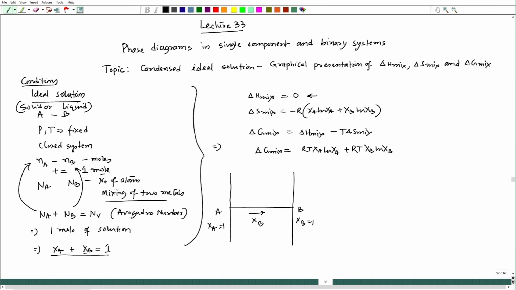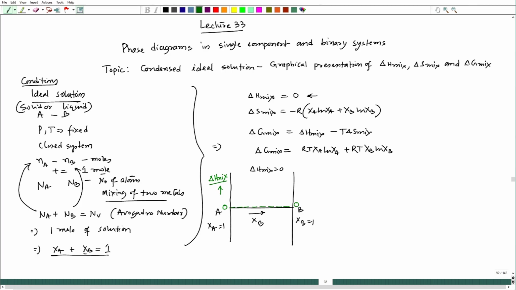That means both the sides are pure, and del H mix equal to 0 will lie on this line, considering that these two end values are taken as 0, fine. And this is the axis for del H mix.